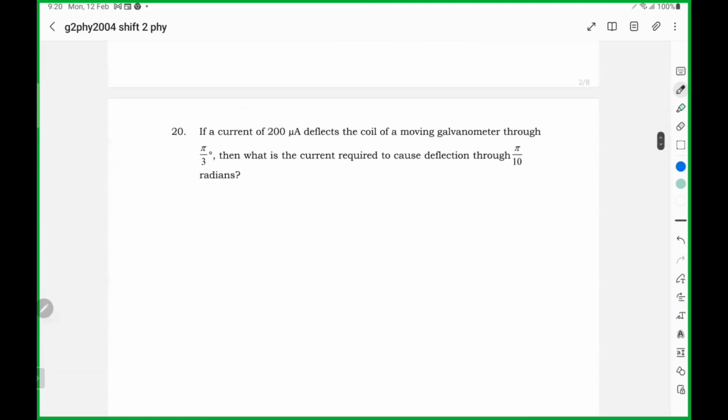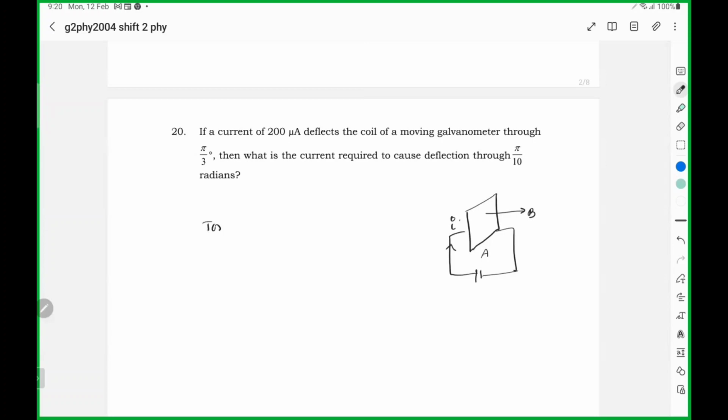Here, this one: a current of 200 microamperes deflects the coil of a moving coil galvanometer through pi by 3. Then what is the current required to cause the given deflection? When a rectangular coil of area A is placed in a magnetic field and current passes through it, it gets deflected.